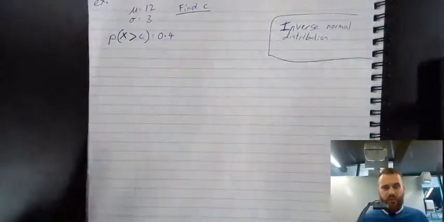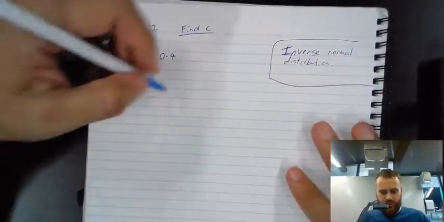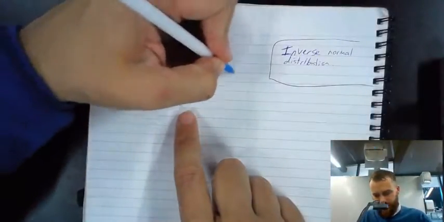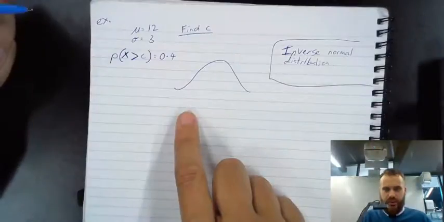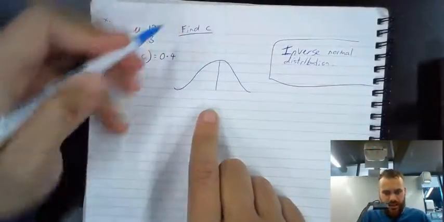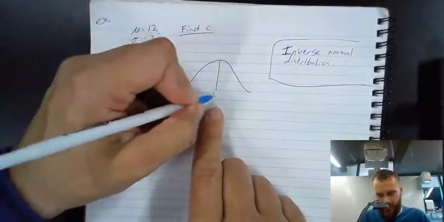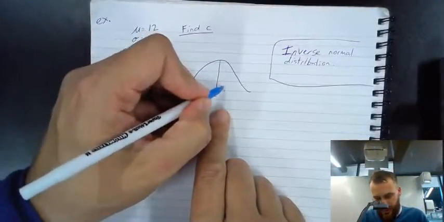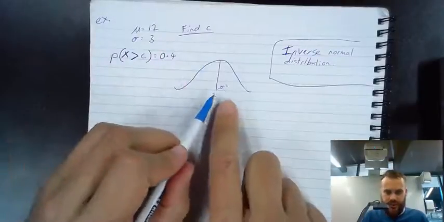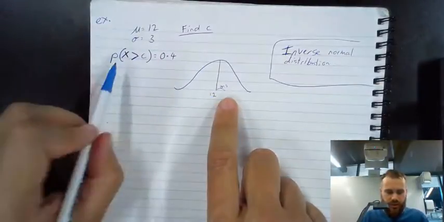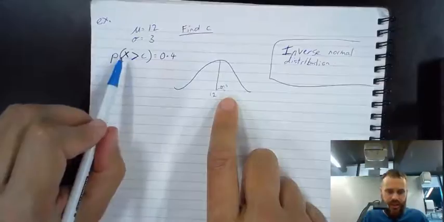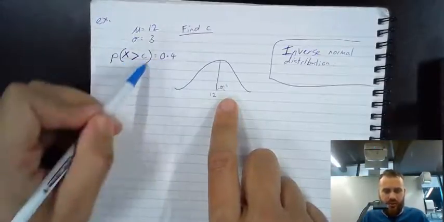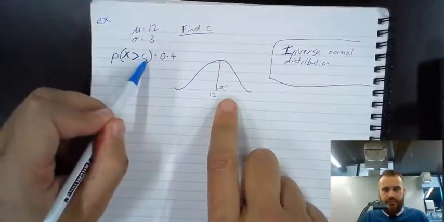Okay. Bit of a weird question, so let me walk you through it. First of all, draw yourself a picture. Here's our normal distribution. The mean is equal to 12. The standard deviation is equal to 3. Now, we want to know, if the probability of x being greater than some weird number is equal to 0.4, find out the weird number.